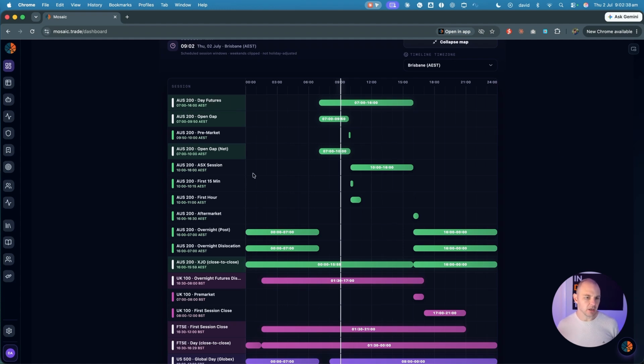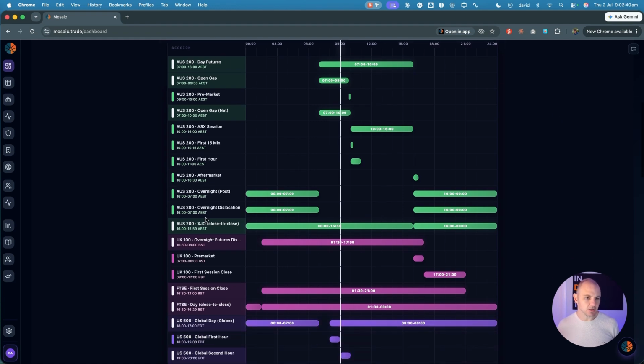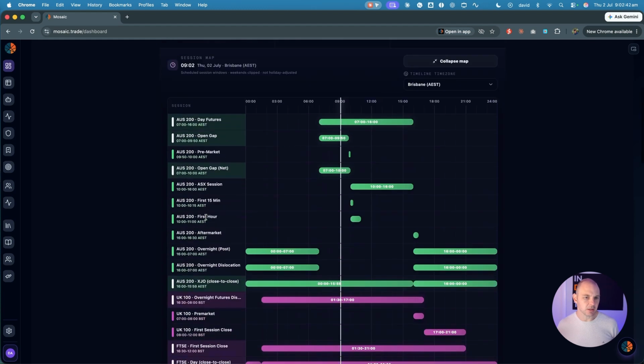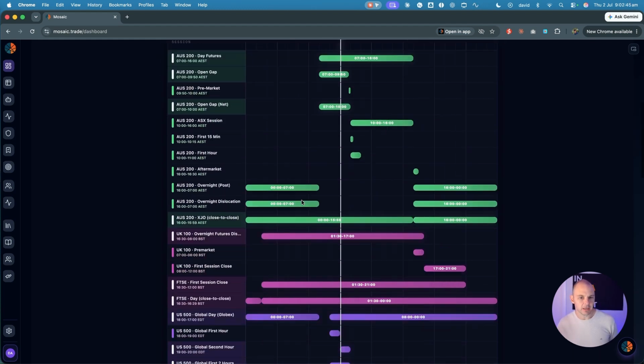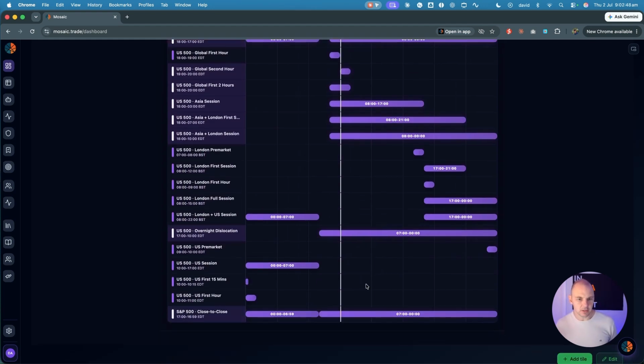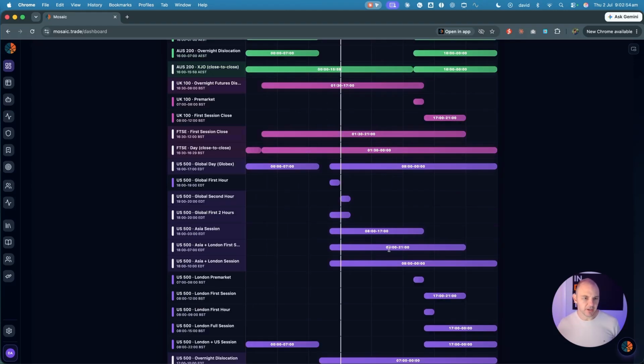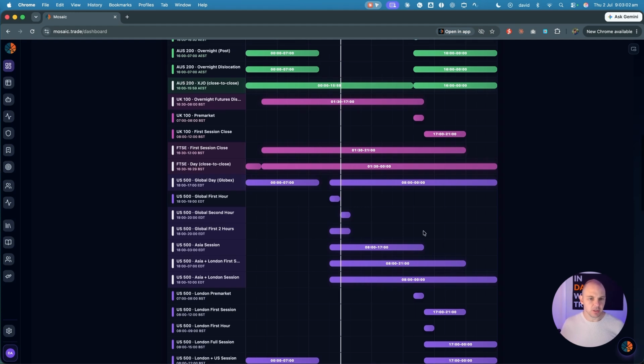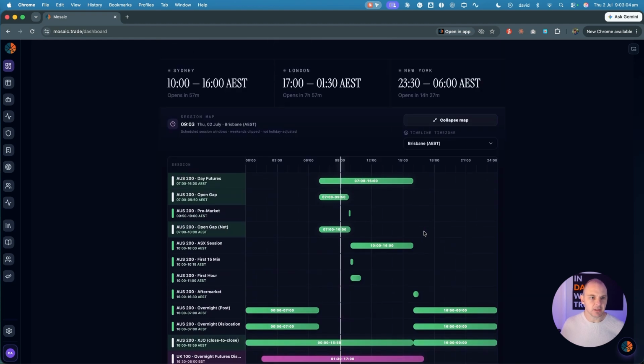Obviously broken up into the three major markets, Aussie 200, UK, and the S&P. So you can see all the markets, except for the US futures, have opened up at the moment, but this is what I keep an eye on. I'm always trying to look at, well, how does the Asia and London session finish given X, Y, and Z in the data, etc.